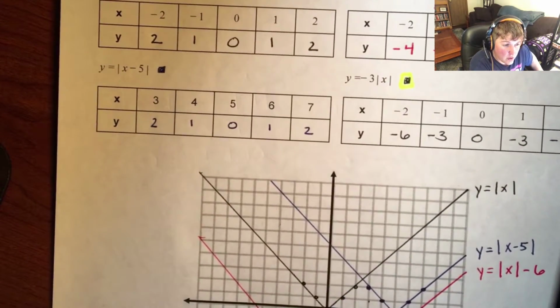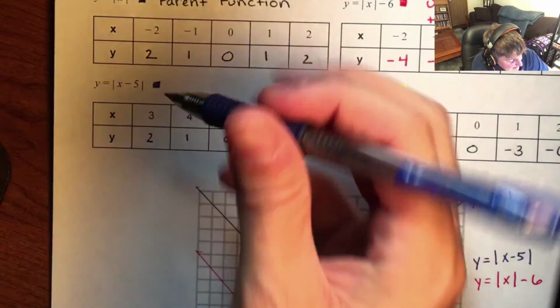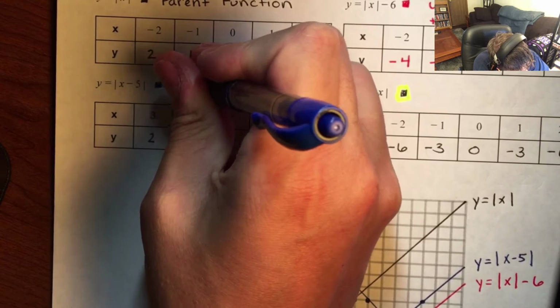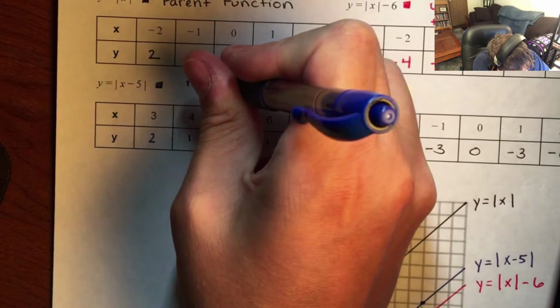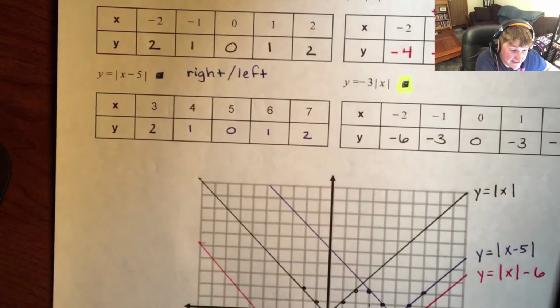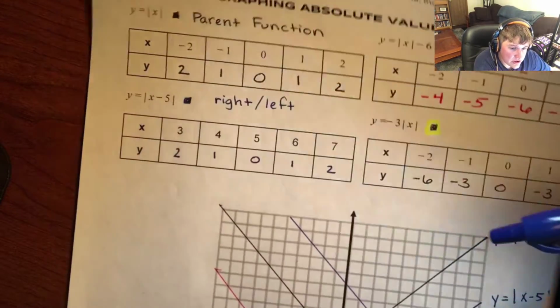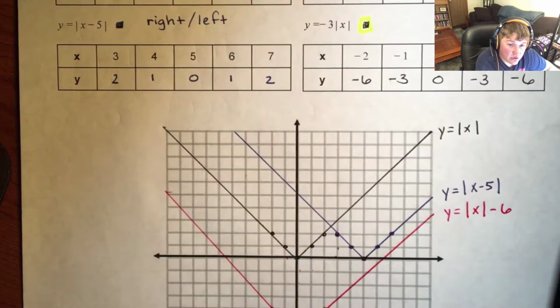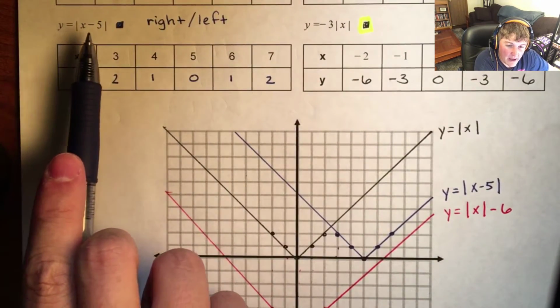So when you have problems in here, it is going to shift it to the right or the left. Okay, so addition and subtraction on the inside of the absolute value is going to shift it horizontally. Now, this is going to be a little bit backwards from what you see, but we'll elaborate upon it.